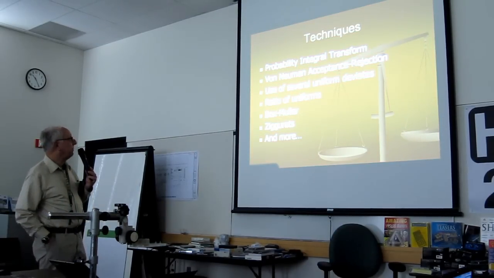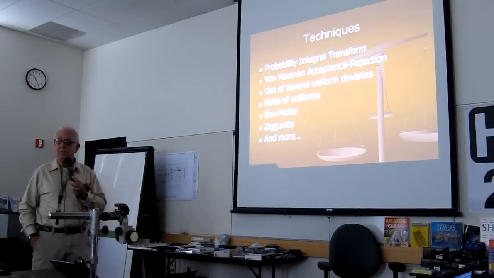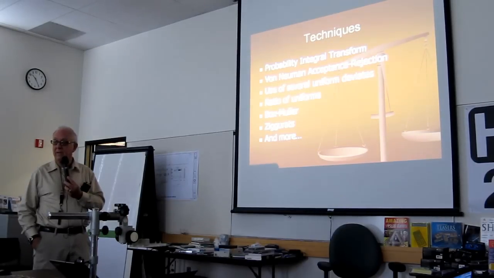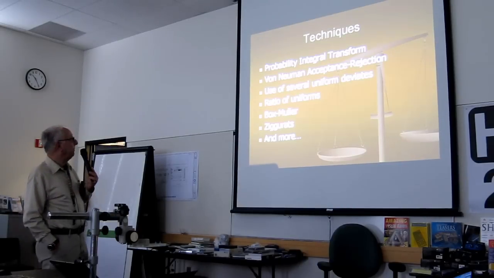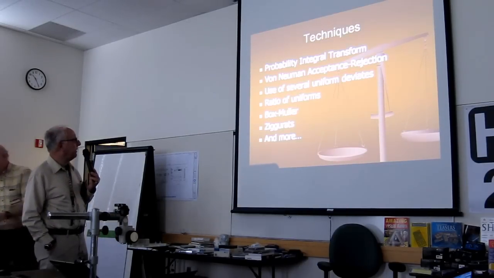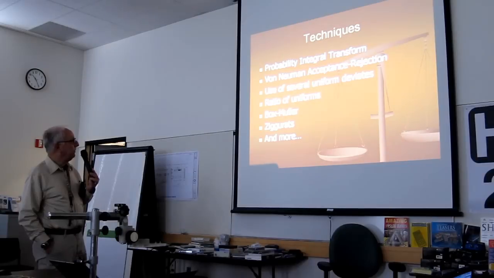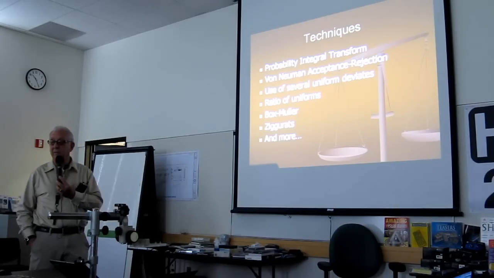Von Neumann acceptance-rejection. Basically, what you do there is you have a function that sort of looks like the normal probability density function. But the problem here is you have to generate two uniform numbers: one to be the candidate, and another one to decide whether or not you're going to accept it.